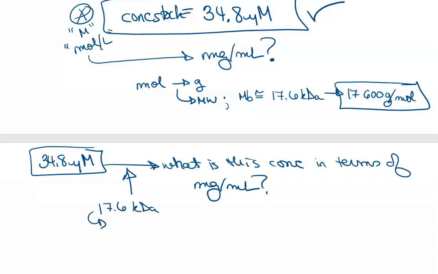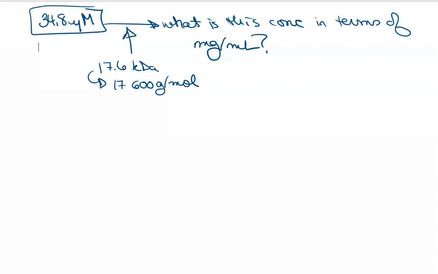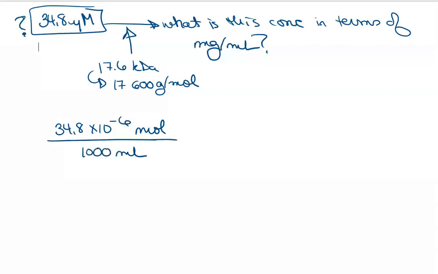That is not an exact number, but it's what we're using, so it's 17,600 grams per mole. Let's move this down a little bit. We have all of our numbers here. What does this number actually mean? It means that we have 34.8 times 10 to the minus 6th moles of stuff in 1,000 ml, because that is 1 liter. In 1 liter, there's 1,000 milliliters, but let's just leave it this way.